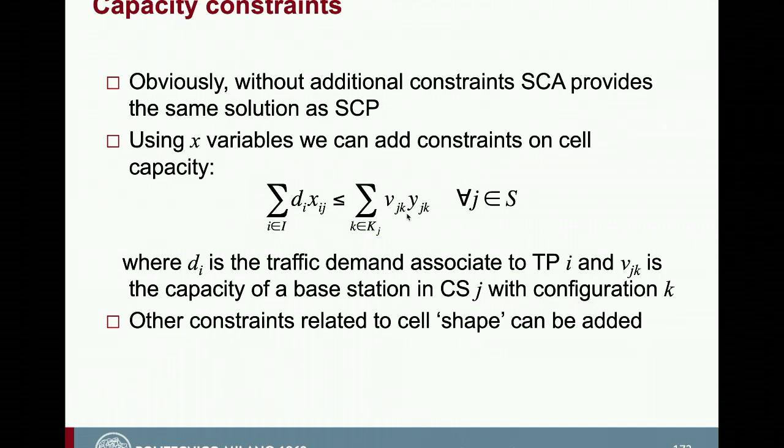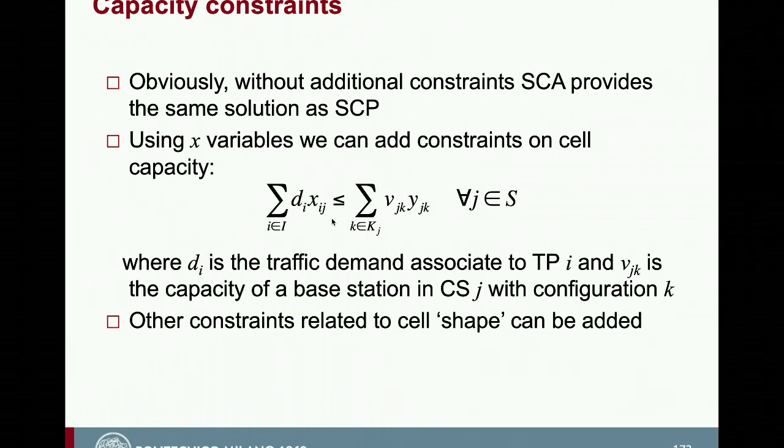So let's assume that we also have this information, which is recorded in this set of parameters V_jk. So V_jk is the capacity of a base station in candidate site j that is configured with configuration k, right? And of course we assume this capacity is in the same unit of the traffic here, right?